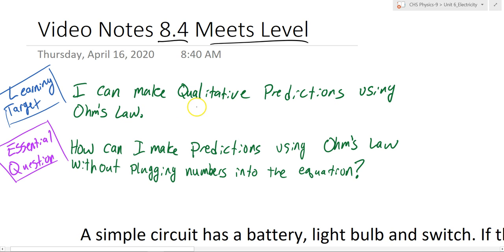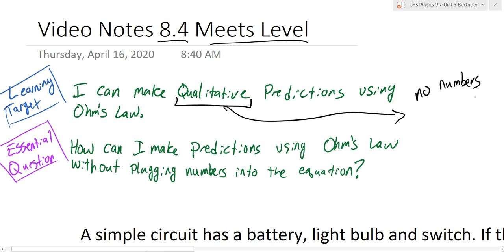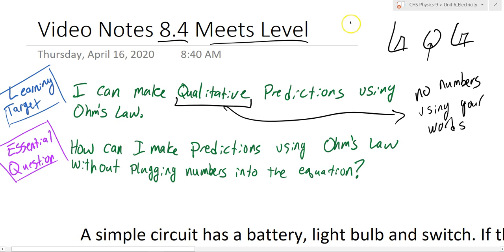Now, let's revisit this qualitative word. What does that mean? Generally, that means no numbers, or using your words. If you think back to the last time we used the word qualitative, that's when we did LOL diagrams, the energy bar charts, where we had energy going in or out of the system.